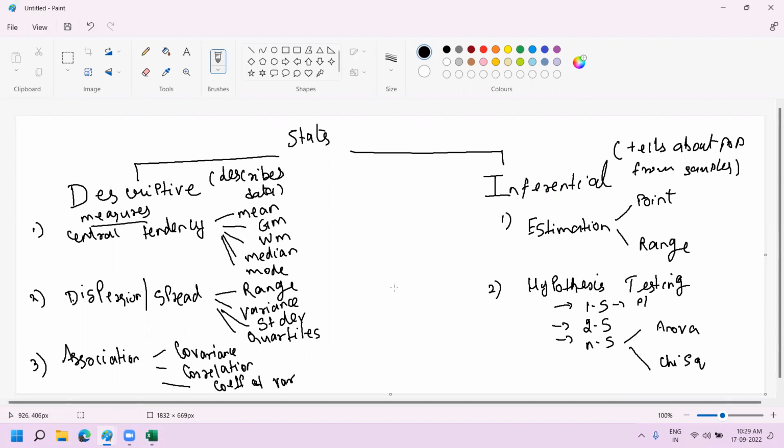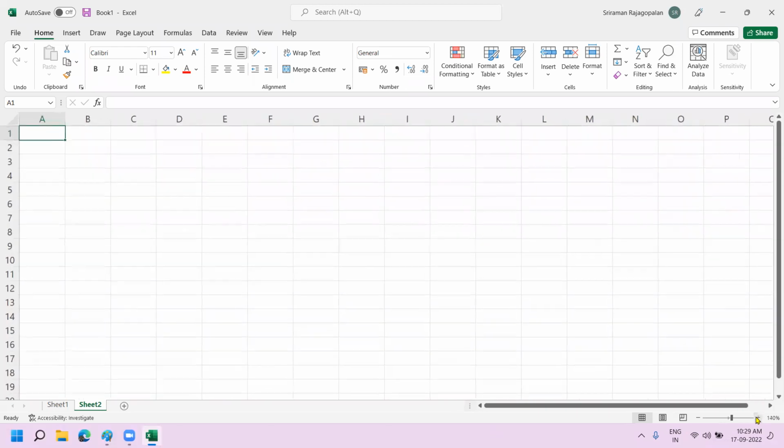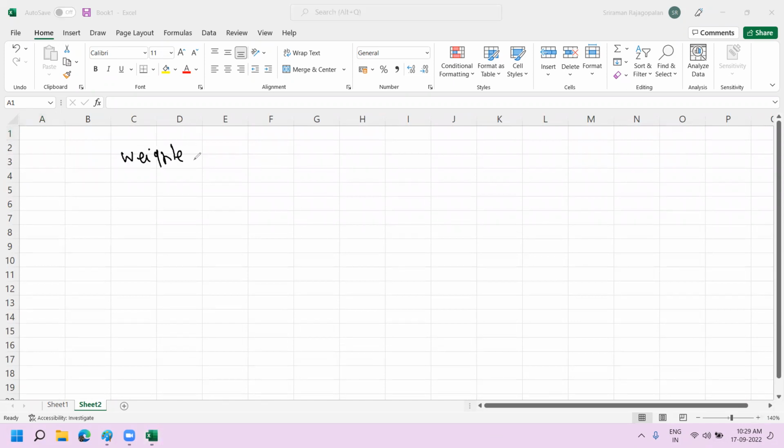Okay. So next we'll go to the second measure, which is called geometric mean. Now we'll see weighted mean and then we'll go to geometric mean. So weighted mean is calculated when we are given a certain percentage to that particular value.